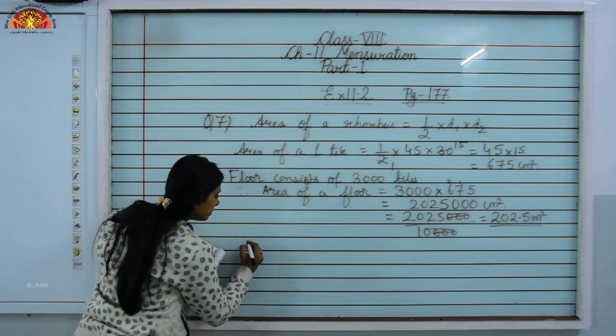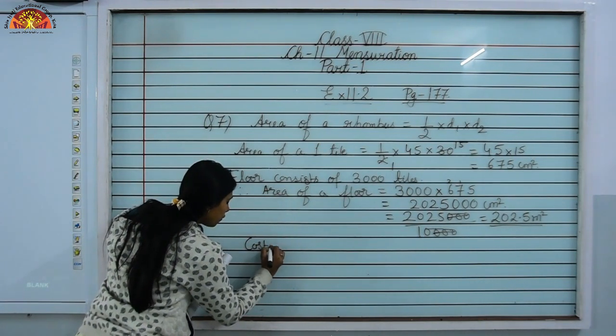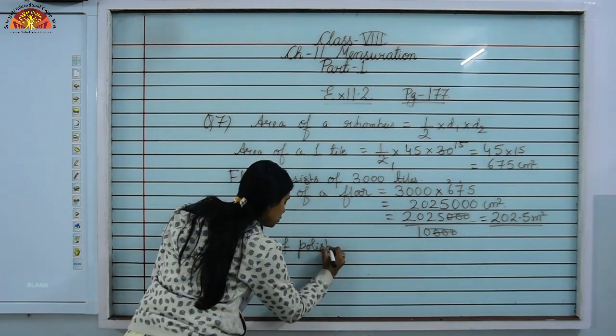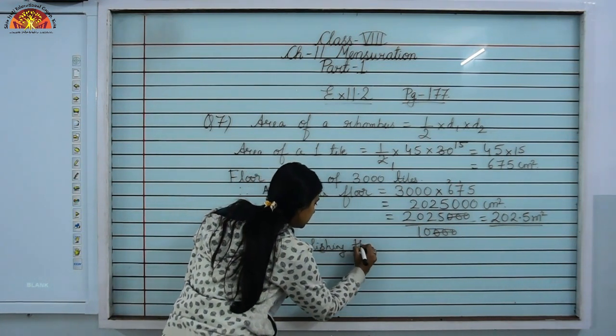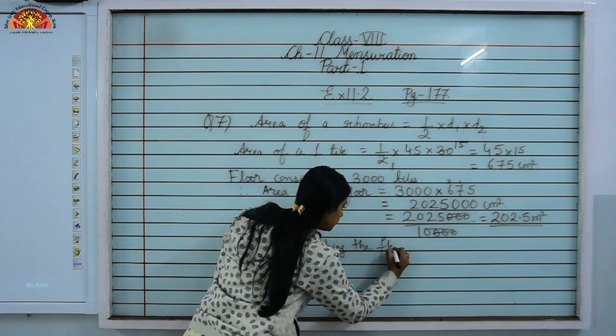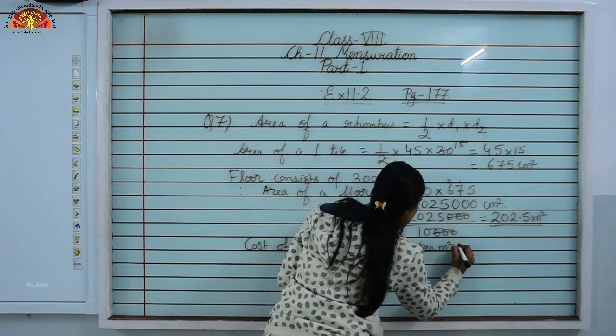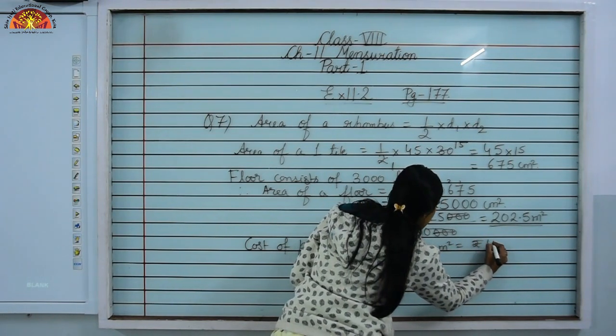So we can write, cost of polishing the floor per meter square is equal to rupees 4.